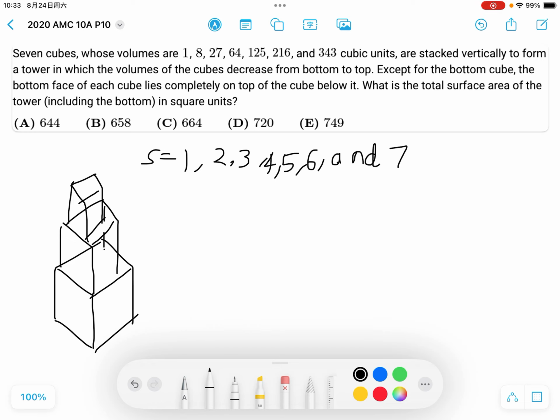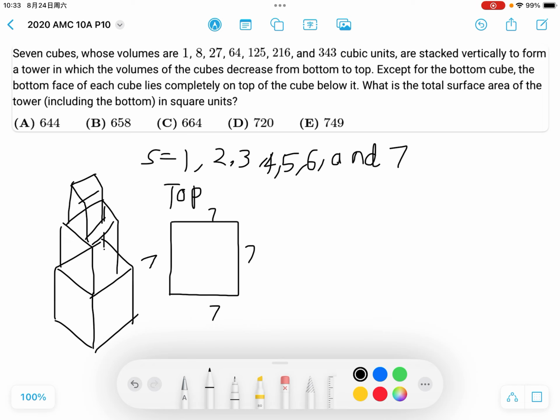So one way to do this is you can look at it from different views. When you look at it from the top, looking down, what you see is just this large square with side length 7 at the very bottom.